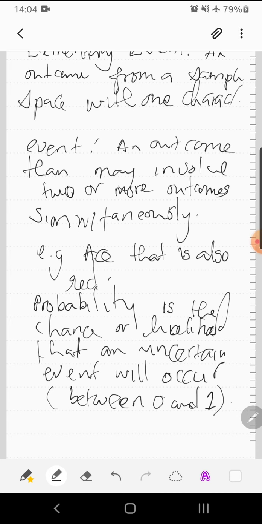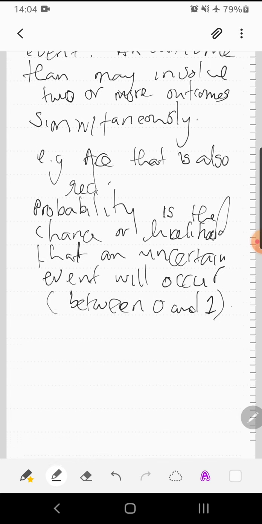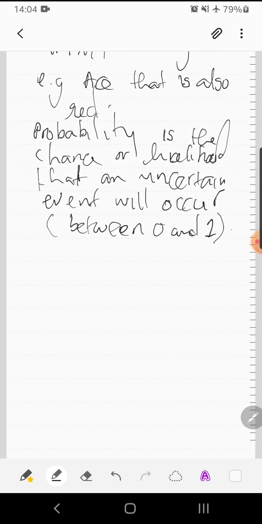This is the definition of probability. It is just the chance or likelihood that an event will occur.